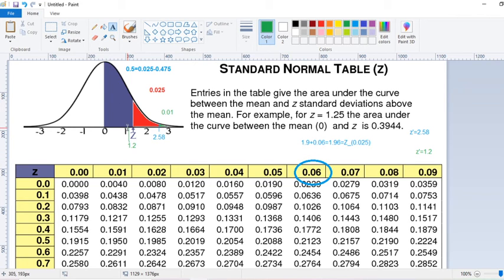That means the area after 1.2 will be... what is the area after 1.2? You can calculate the area after 1.2. That will be the area of the new shaded region, this plus this.